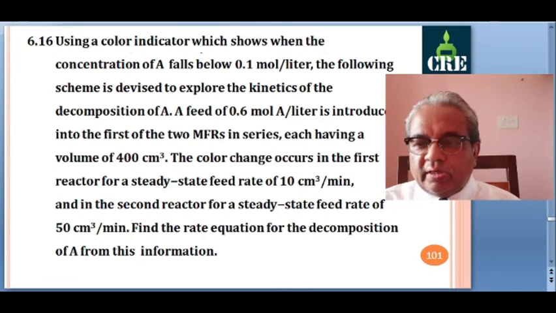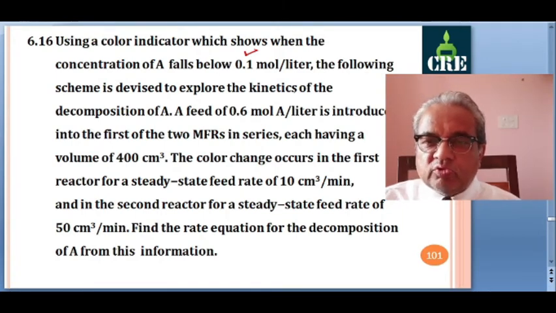6.16, using a color indicator which shows when the concentration of A falls below 0.1. So once the concentration reaches 0.1 moles per liter, you will get an indication by a color indicator. So anything below 0.1 you will come to know.